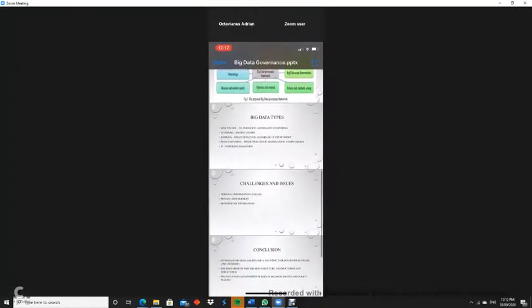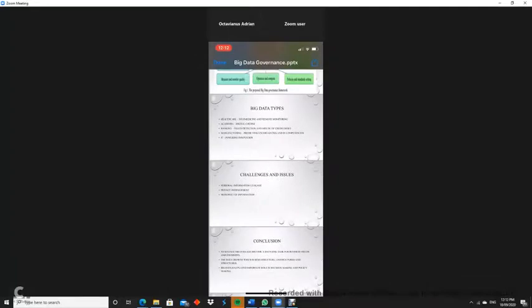Challenges related to big data are that the data is in huge volume, and the companies gather data of people, and it can be a problem if there's a leakage of personal information or privacy infringement.